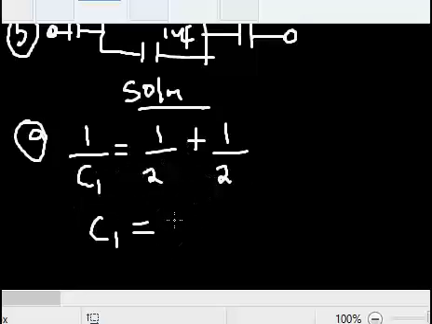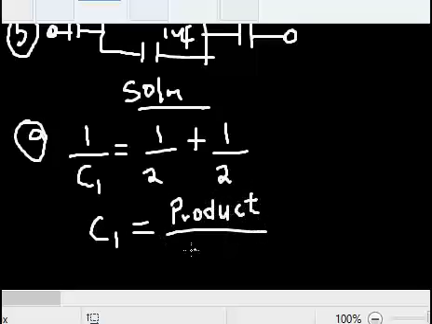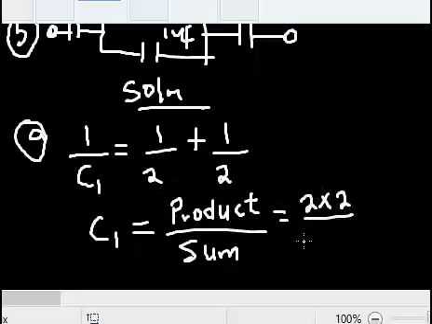The formula is the product of the capacitors divided by the sum. So C1 is going to be the product, 2 times 2, divided by their sum, which is 2 plus 2. 2 times 2 is 4. 2 plus 2 is also 4.